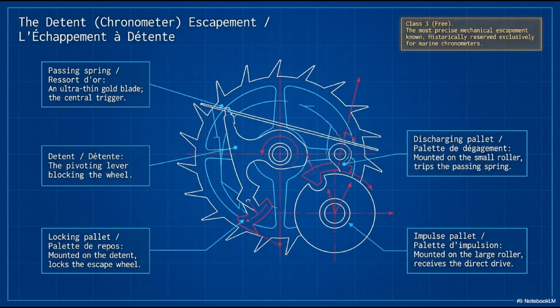Now the spring simply yields; it bends out of the pallet's path without moving the detent at all. The escape wheel remains completely at rest throughout the entire ascending arc. Result: the balance is disturbed by escapement contact on only one alternation per complete oscillation. One disturbance per cycle instead of 2.